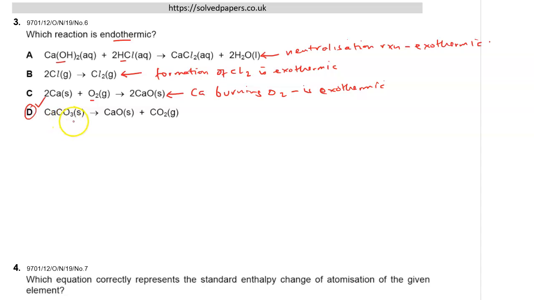Calcium carbonate undergoes thermal decomposition to give calcium oxide and carbon dioxide. So thermal decomposition requires energy from the environment, right? So it requires an input of energy from the environment, and therefore this is endothermic.